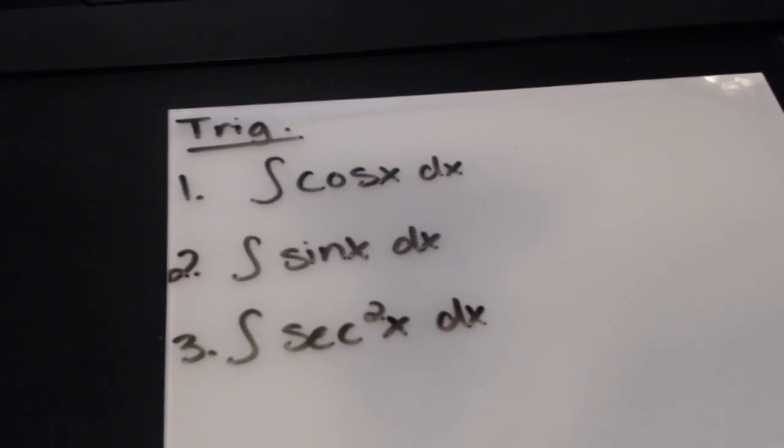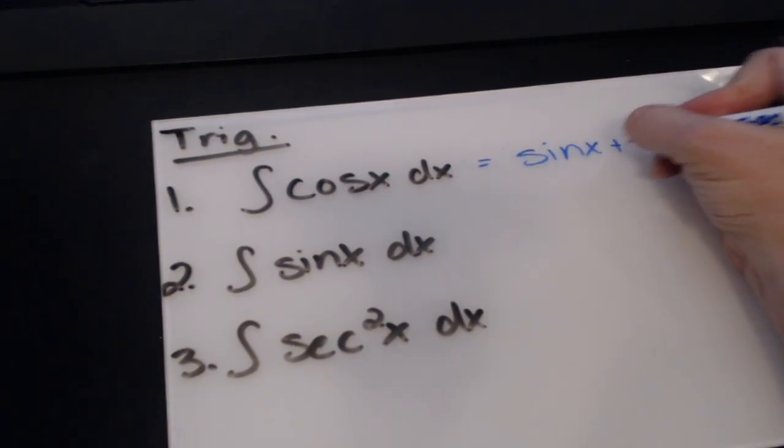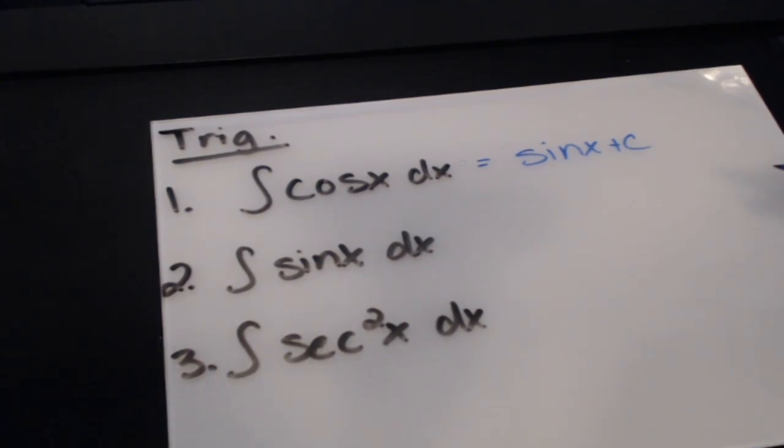Now, the reason these are important is you have to think about how the derivative works. So if you take the derivative of sine, you get cosine. Therefore, the integral of cosine is sine x plus c, because this is the opposite operation of a derivative.